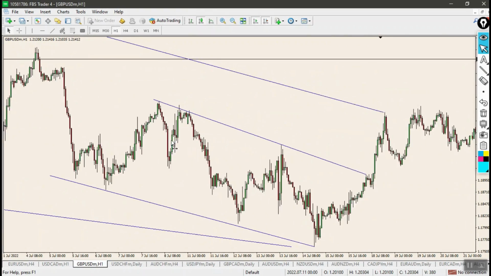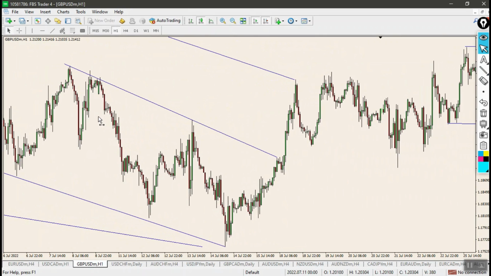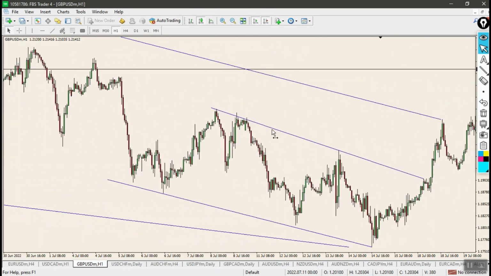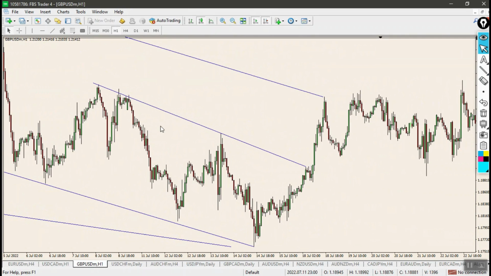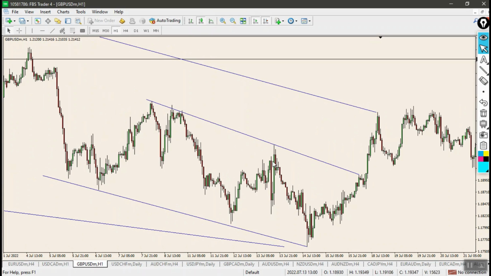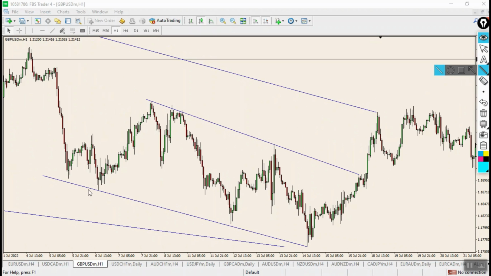Right, on the 1 hour chart, we don't necessarily see a clear pattern, but we do see patterns inside patterns. So inside this pattern here that we identified on the 4 hour, we see this pattern here. We see this pattern and we see this pattern.